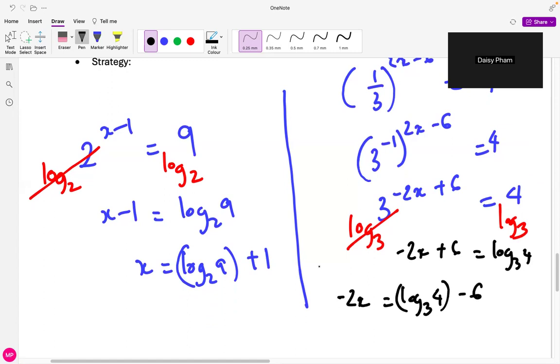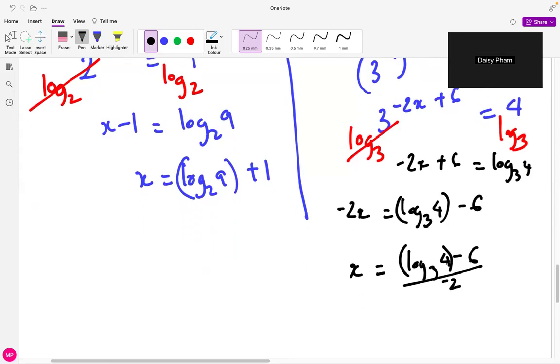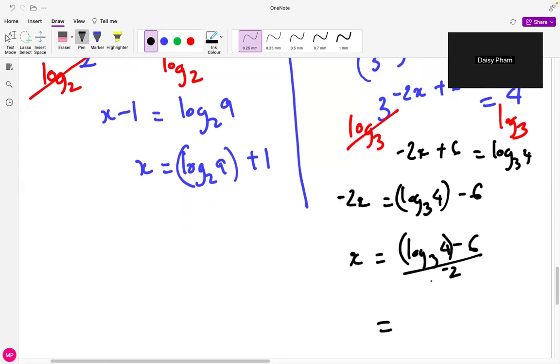And then we divide by negative 2. So x equals log 3 of 4 divided by negative 2 minus 6 divided by negative 2, which we can write as, so the negative we put in the middle, negative a half log 3 of 4, and then negative 6 divided by negative 2 is 3.